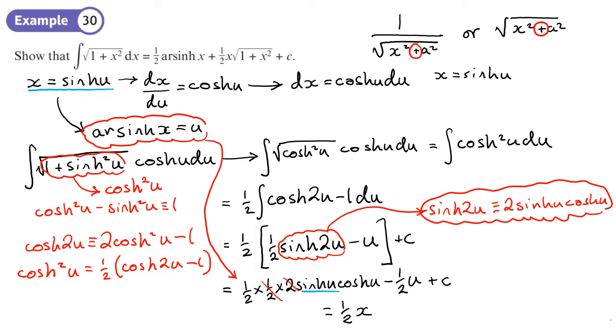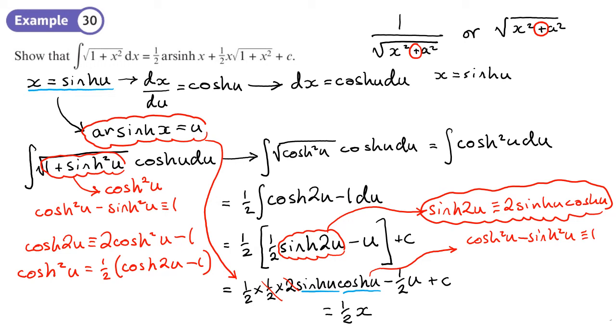Now the cosh u, I need to change that back. I'm going to have to use an identity to get that back. So let's do that over here. We've got identities left, right and center. Right, so we're going to be using this one again. Cosh squared u minus sinh squared u is 1.